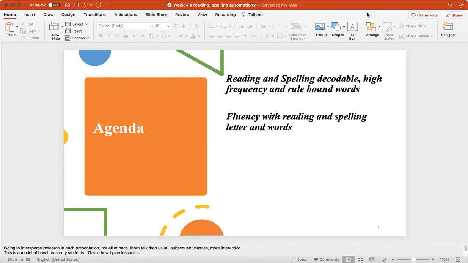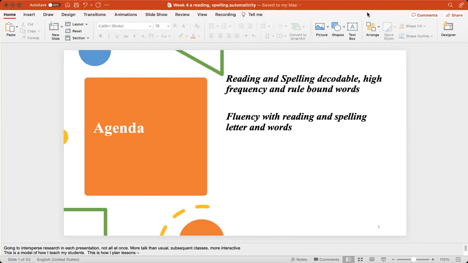One is decodable. A decodable word means that every letter in that word is the common spelling of that sound-letter relationship. So the word sat would be a decodable word because the most common spelling of s is S, the most common and only spelling of a is a, and the spelling of t is t.